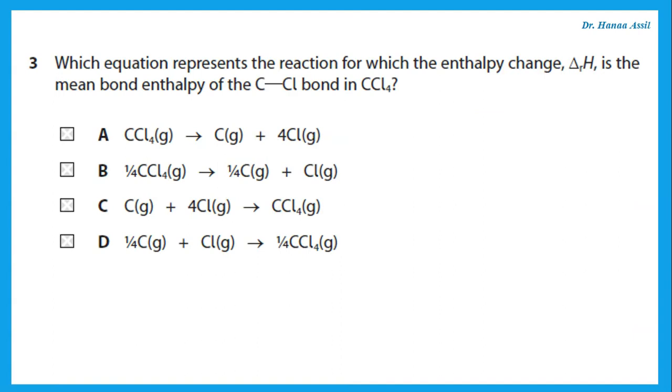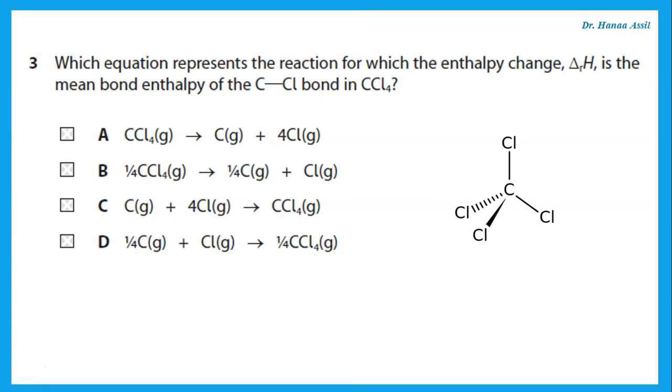Which equation represents the reaction for which the enthalpy change is the mean bond enthalpy of the C-Cl bond? So in carbon tetrachloride, we want the bond enthalpy for one bond. So which of these equations represents the bond energy for breaking one C-Cl bond?